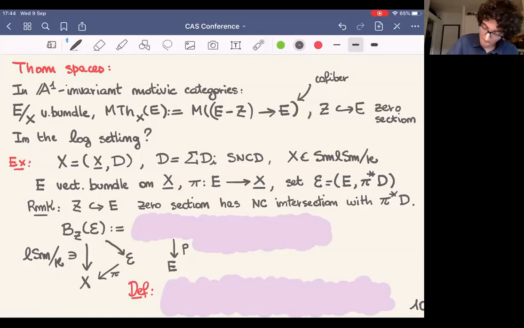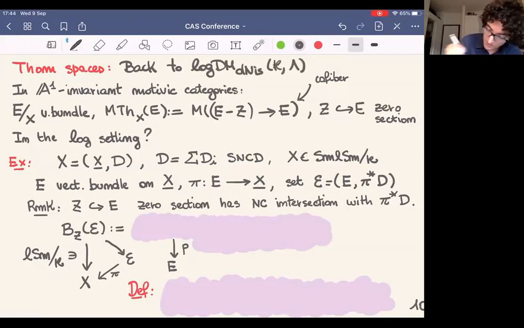So okay. So let's go back to Nisnevich. So back to logDM Diniz, Lambda, also still effective. Okay.